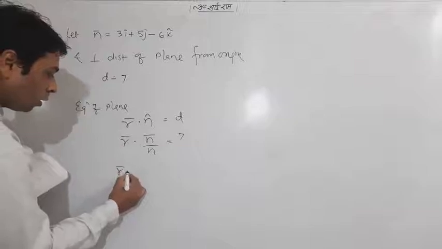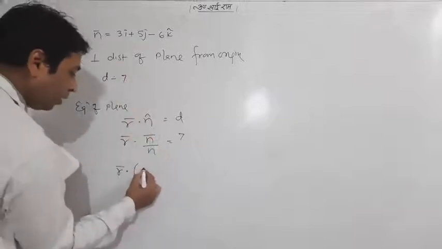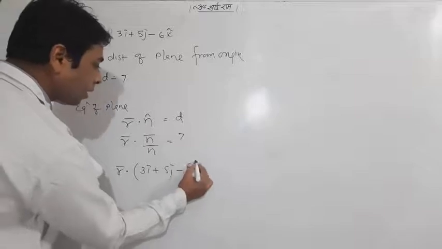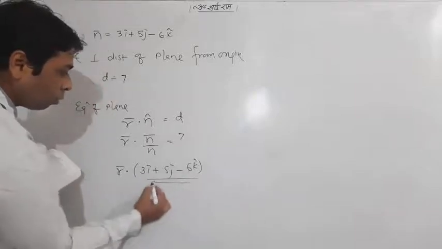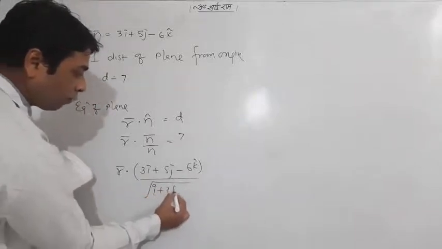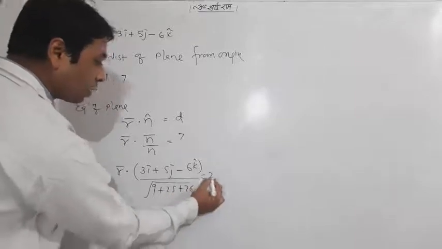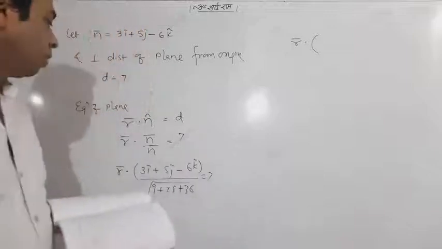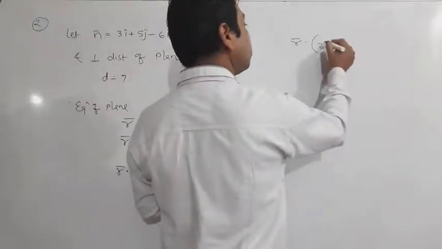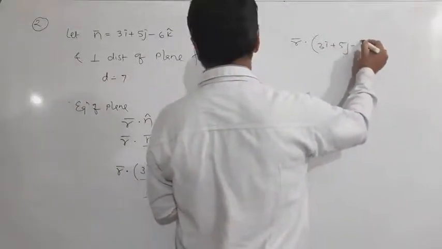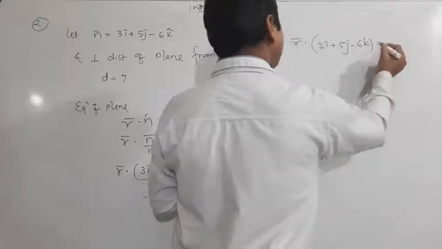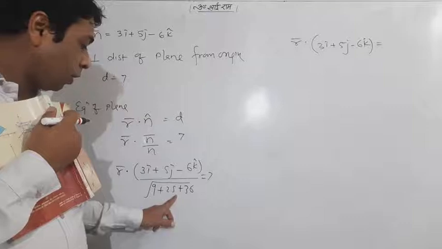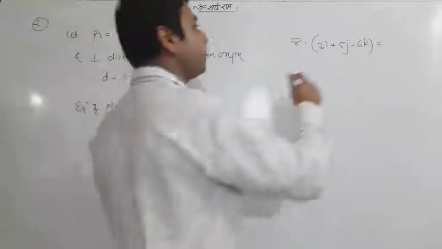Now go on. What is n? It is 3i plus 5j minus 6k upon mod n, which is root of 9, 25 and 36, equal to 7. So your answer can be given lastly as r dot 3i plus 5j minus 6k is equal to, that all will be 9 plus 25 plus 36, which is 70.